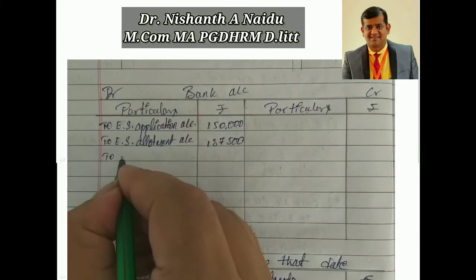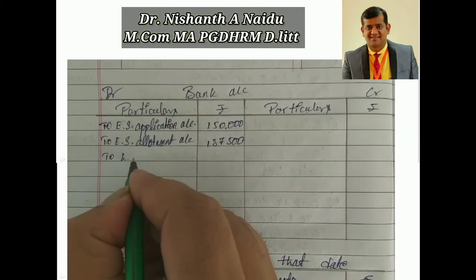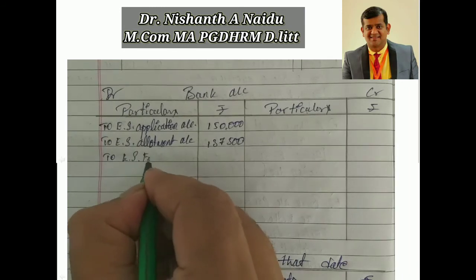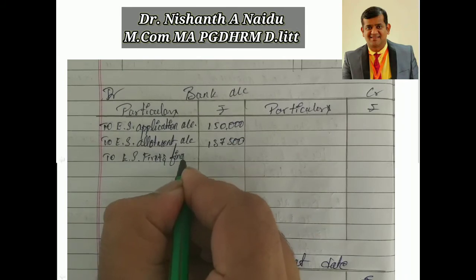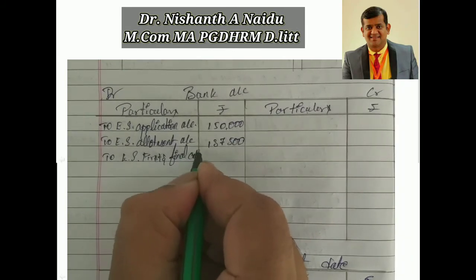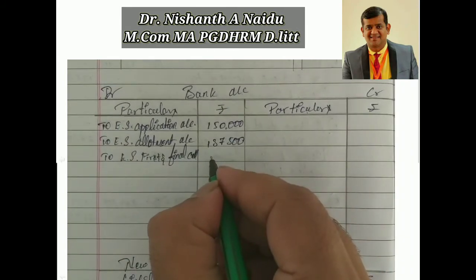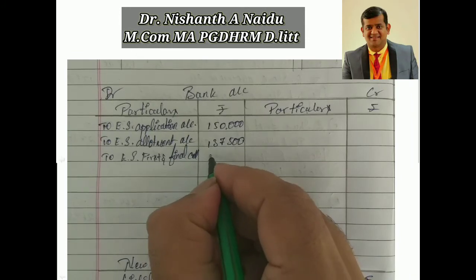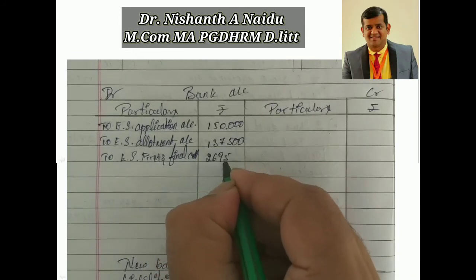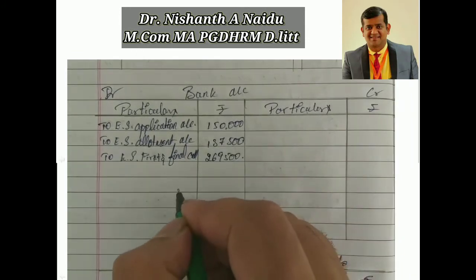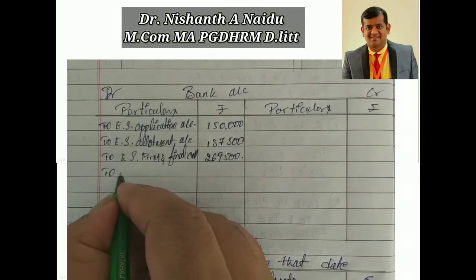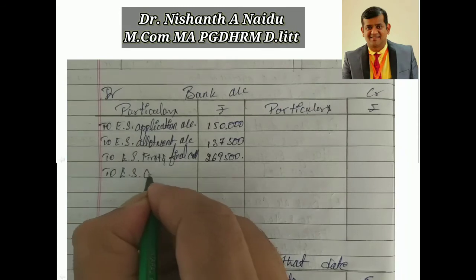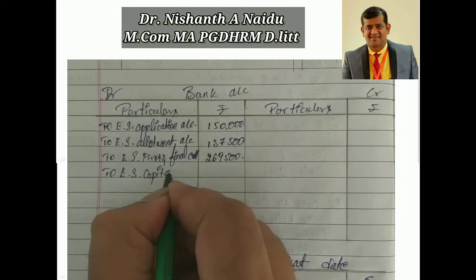So next to equity share first and final call account, how much? 2,69,500 I have received. Then I have reissued the share to equity share capital account, that is on reissue.